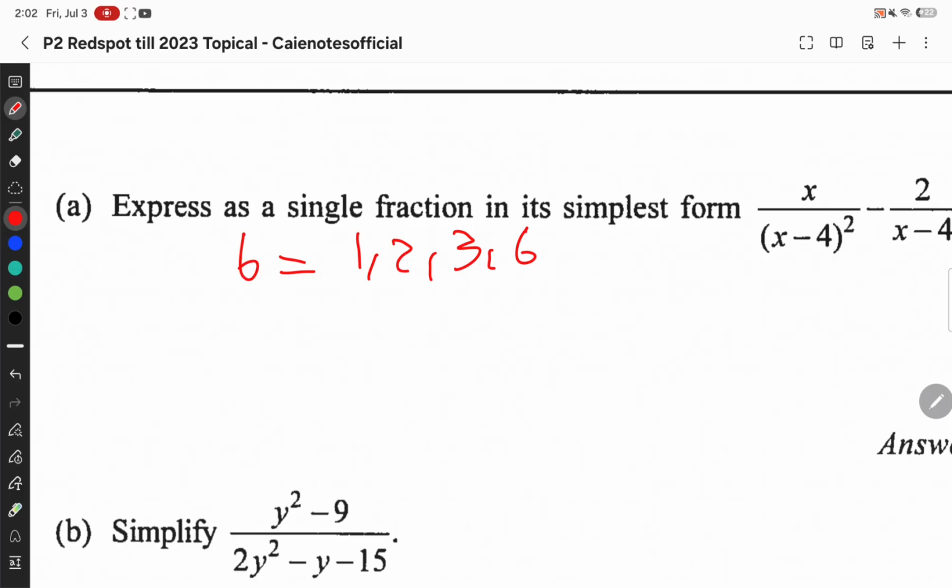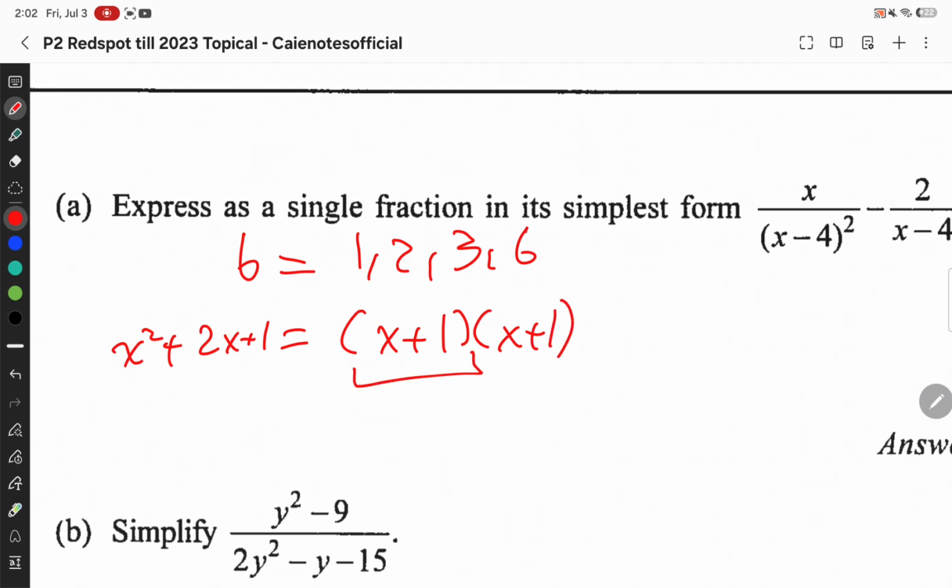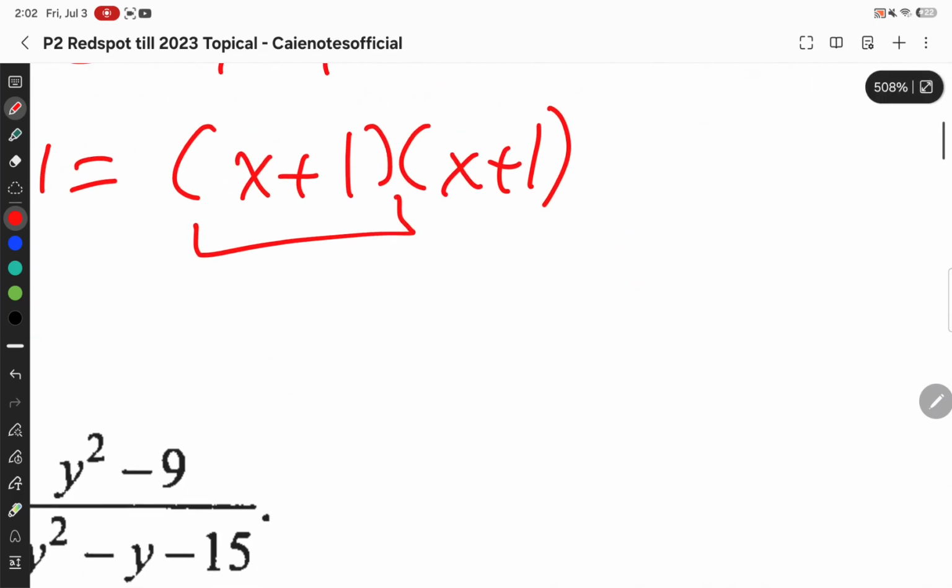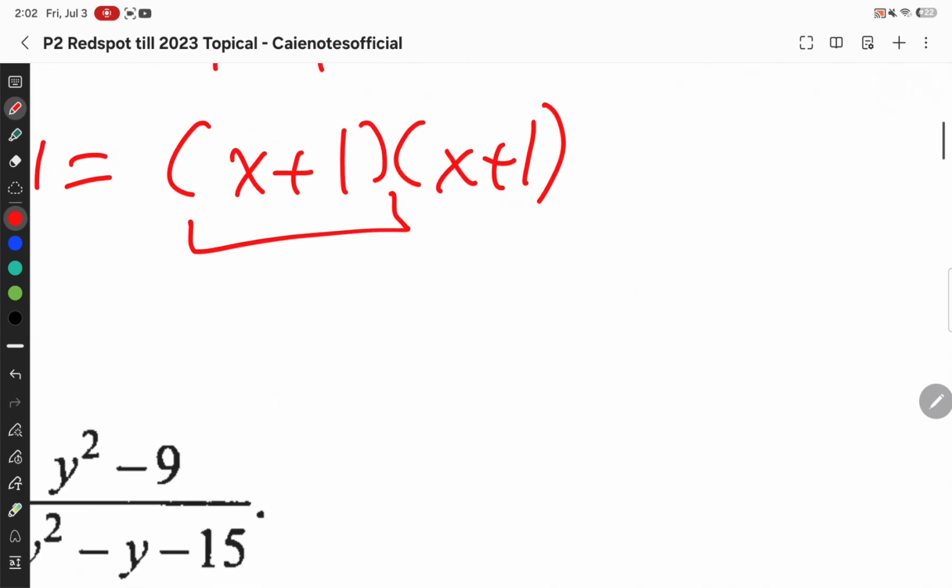For a polynomial, we do not have factors, we have linear factors. Example, x squared plus 2x plus 1 has two linear factors, and each bracket is a linear factor.